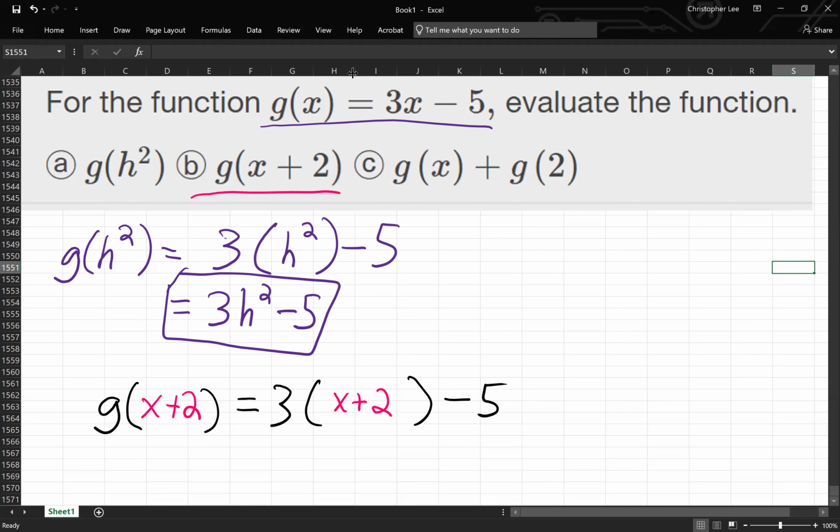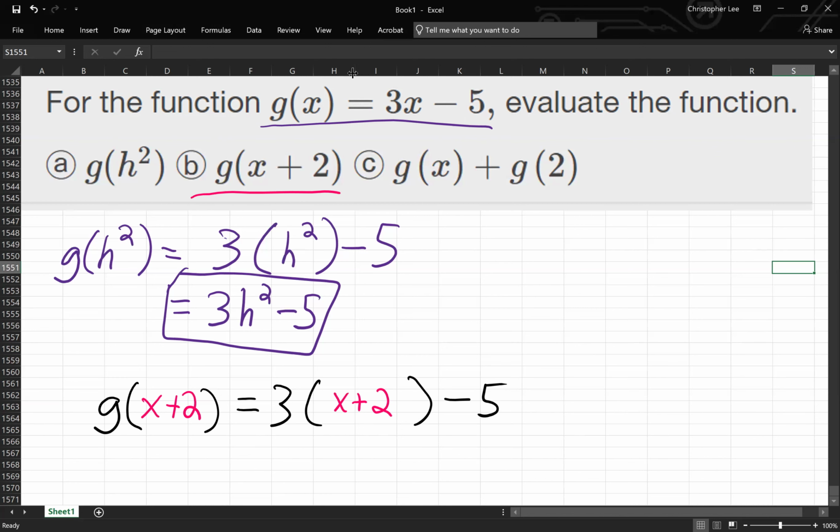And for part B, they're asking me to find g of x plus 2. So I'm literally plugging in x plus 2. This makes sense? Whatever's in the parentheses, I'm plugging in. All right?